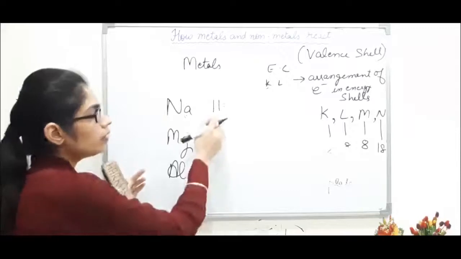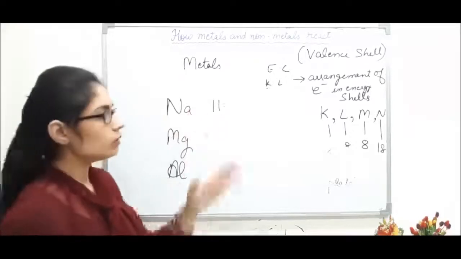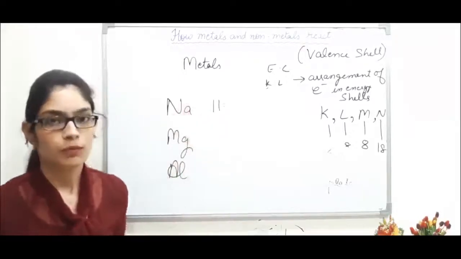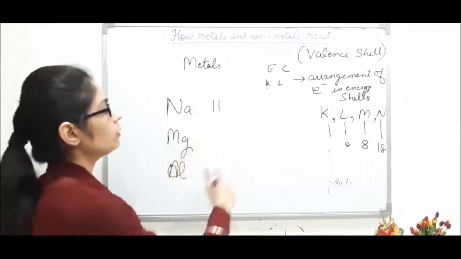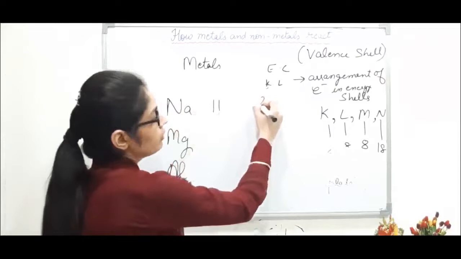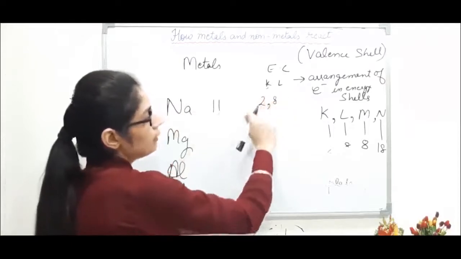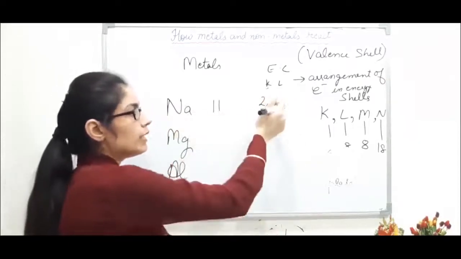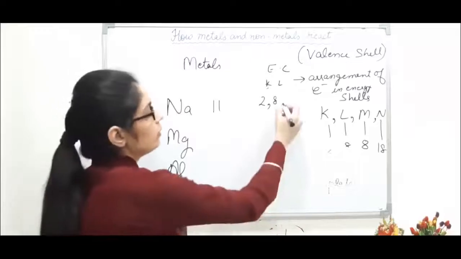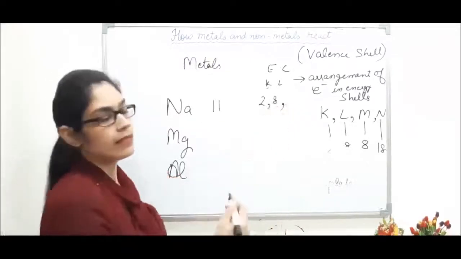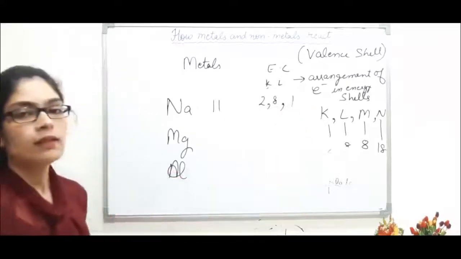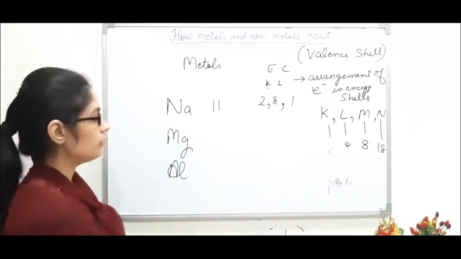So 11 number of electrons are there, because atomic number is equal to number of protons and number of electrons. So let's write the electronic configuration. 2, 8, 1. 2 electrons in first shell, 8 electrons in second shell, and because 11 electrons are there, 2 plus 8 is 10, and 1 electron in the outermost shell or valence shell.